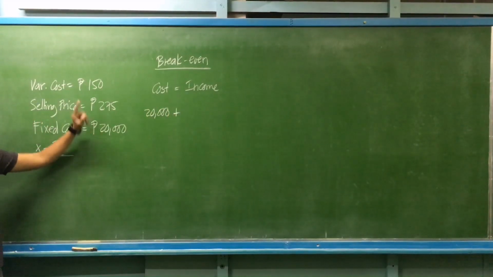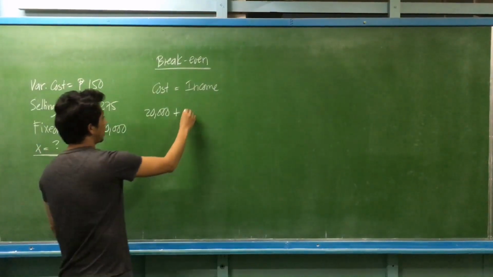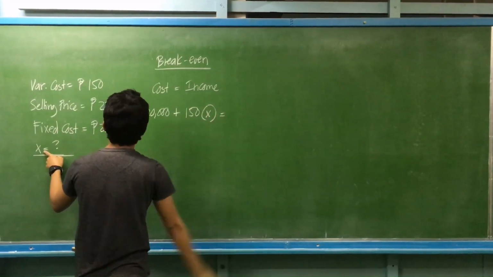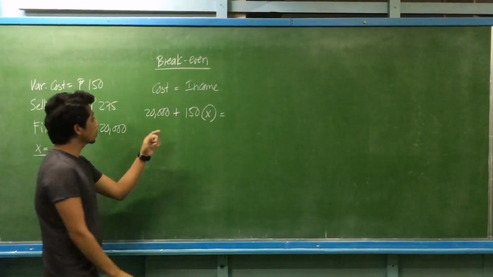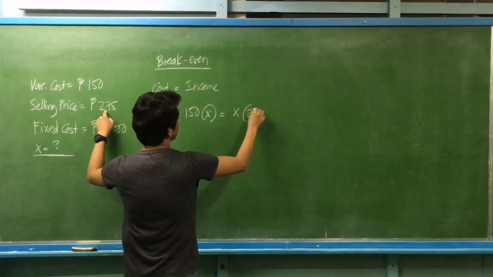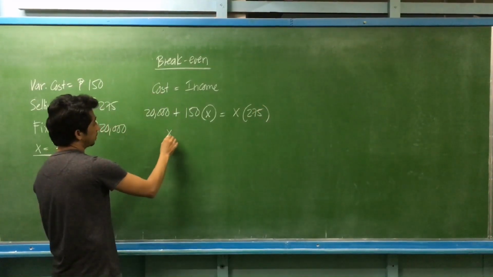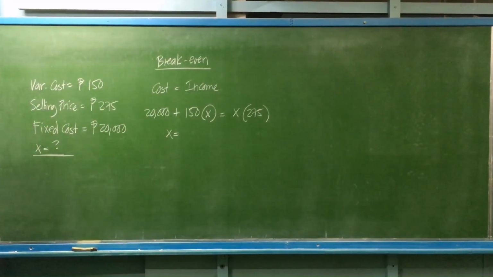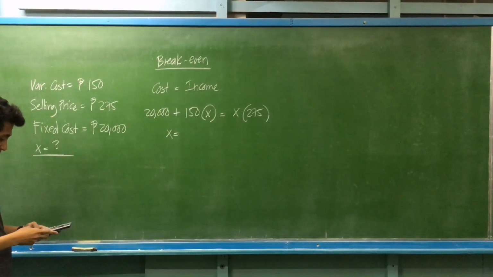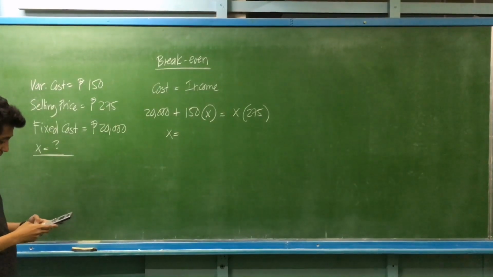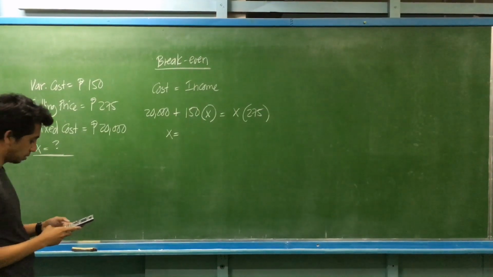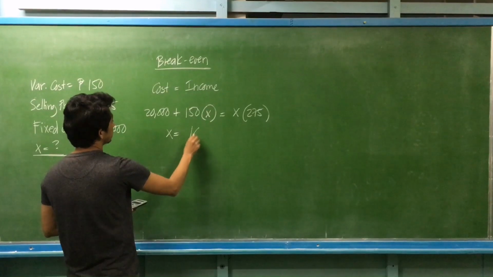Okay, magkano yung gastos kada isa per motor? So we have to spend 150 per motor times X is equal to, para tayo magkakaroon ng income, so yung number of items na nagawa, ibenta natin ng 275. So we'll be having the value of the break-even point. So this is equal to 160.